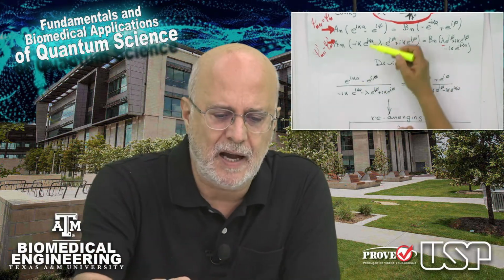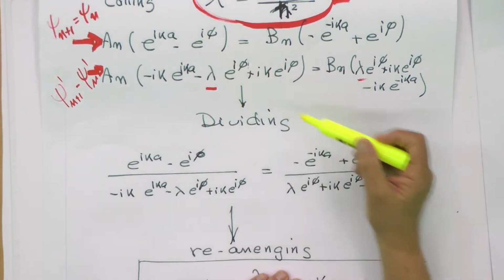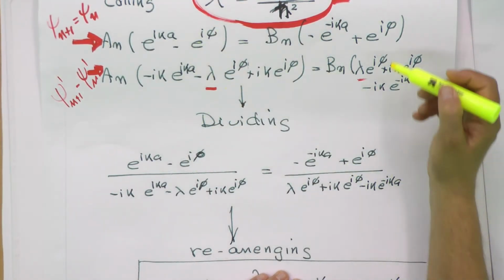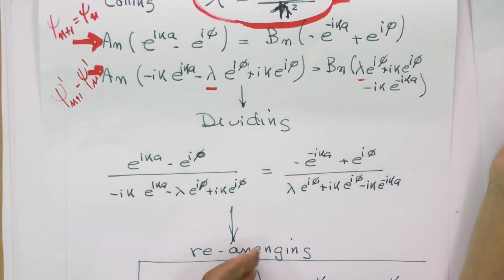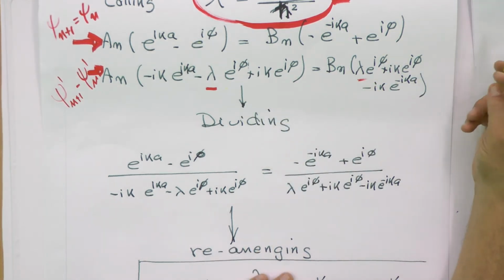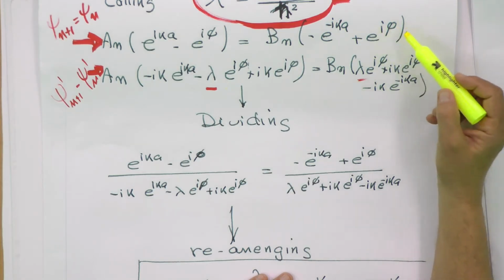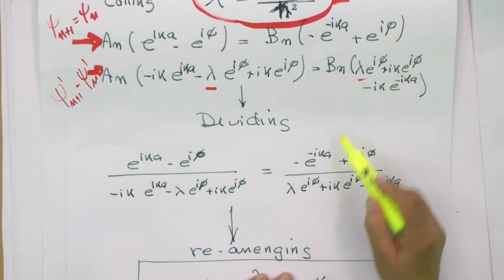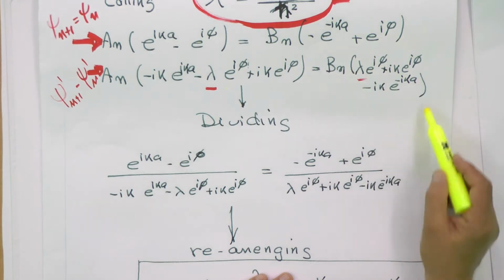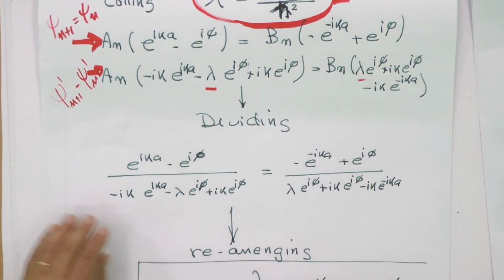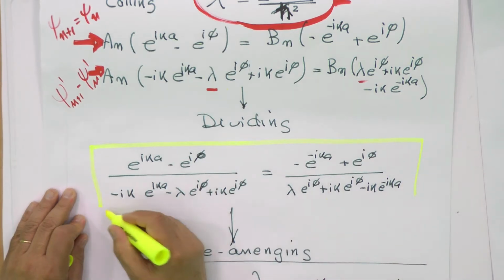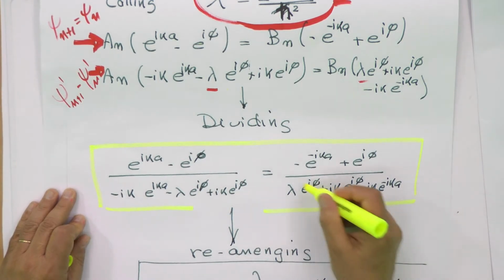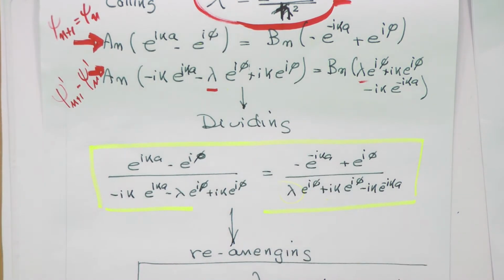So on this side I get this divided by this. Imagine that this is not 0, because if it is 0, this is trivial. And this term divided by this term, this side. So now I have a condition that only relates the periodicity of the lattice with the amplitude of the potential.